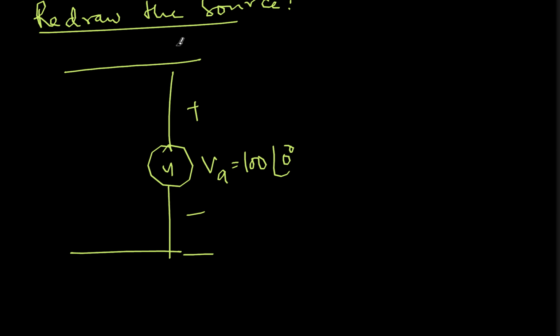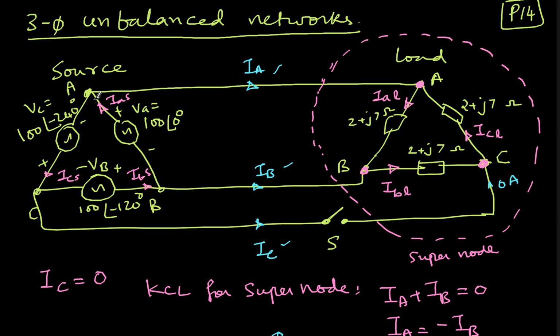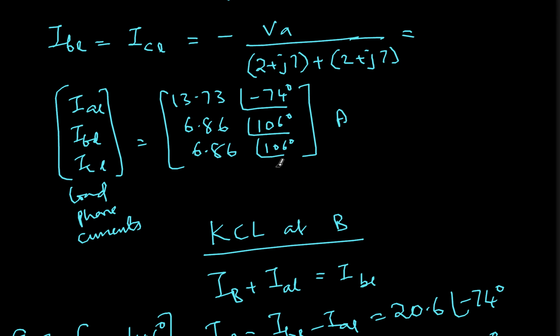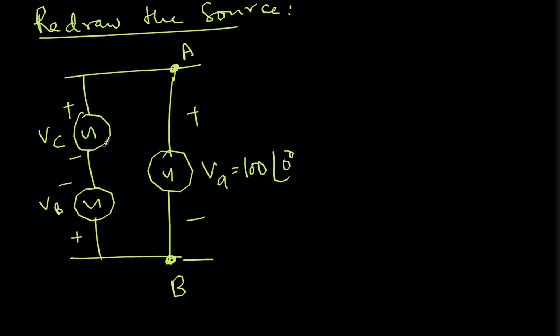This is plus minus, and this point is A according to our diagram, and this point is B. And point C is in between, and in between there are two voltage sources, VB and VC. So this is voltage source VC and this is voltage source VB, and the direction is like this. This is 100 angle minus 120 degrees, 100 angle minus 240 degrees.